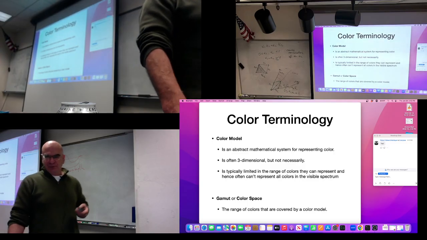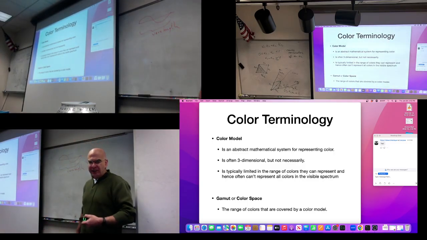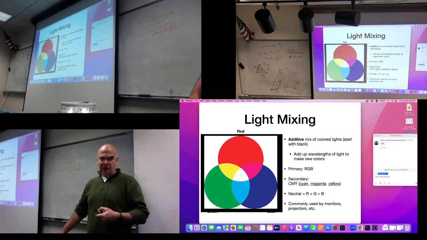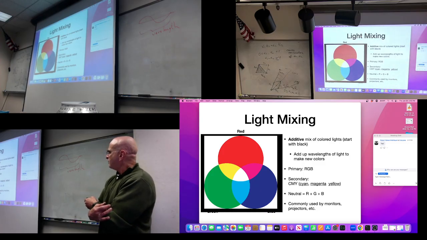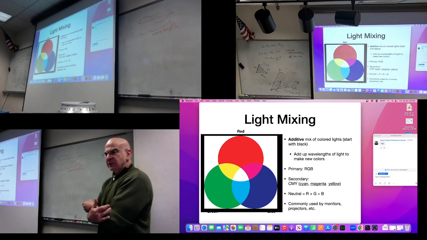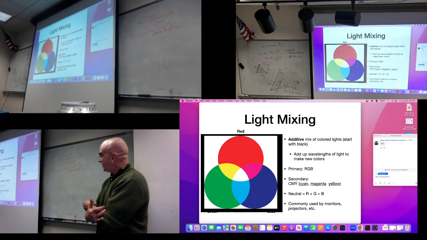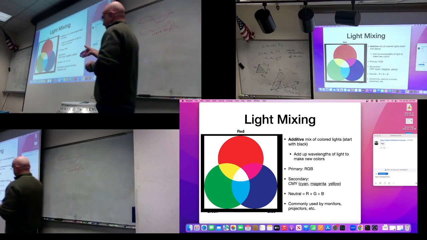Okay, gamut of colors. What is the range of all the colors of the color model? Now, when we're talking about RGB, what do we think about? We think about the background that is actually black. The background here emits no light. If R equals G equals B equals 0, it means it emits no light at all.